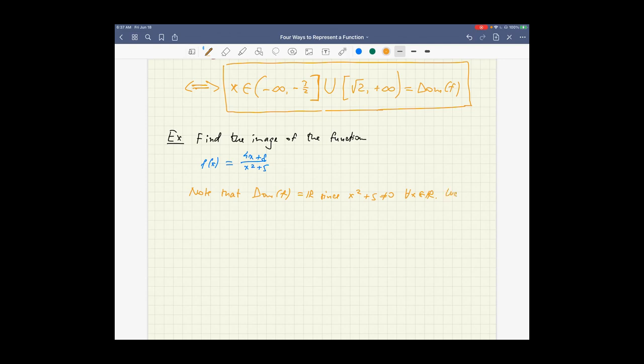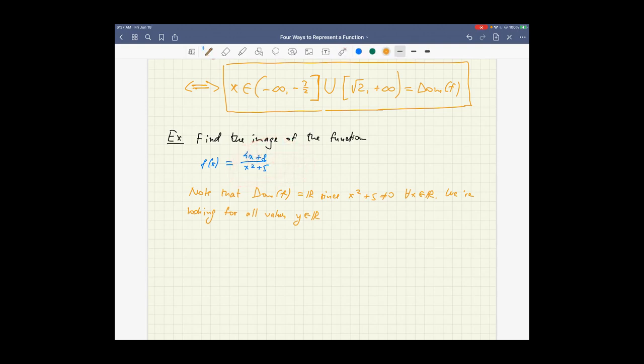So we are looking for all values of y for which we have this equation. If we equate this to y, we have a solution for x.